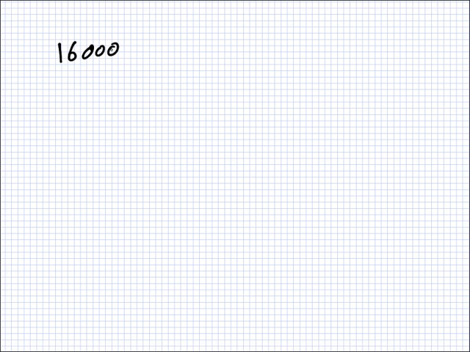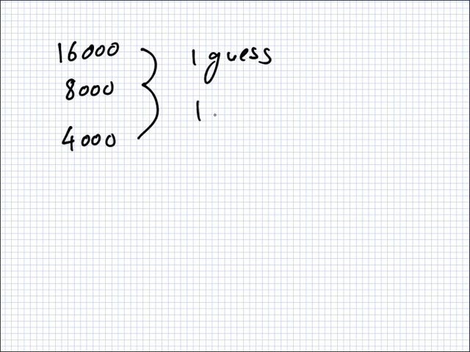Half of them. So after one guess, you could reduce your possible pool to 8,000. After you make another half. And then another guess, if you choose a smart guess, you could reduce it by half again. And a half again.